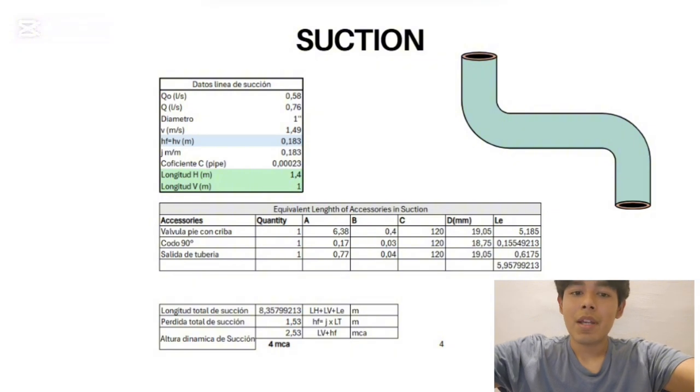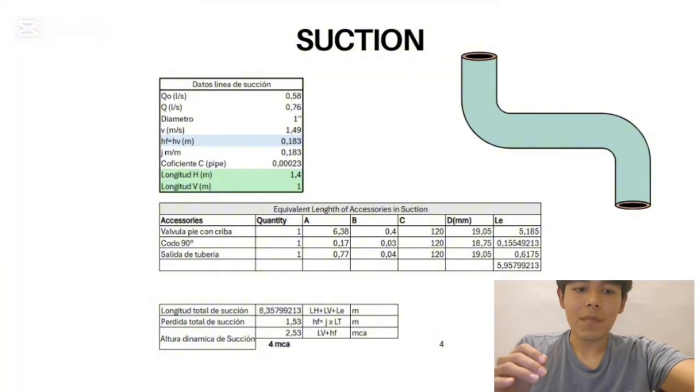Well, we start with suction, where we have the average flow, the diameter of the pipe, velocity, losses of the material, the coefficient of the pipe, the horizontal length and vertical length. This is for the line from the tank to the pump, and we only have the valve, and only three types of material that you see.